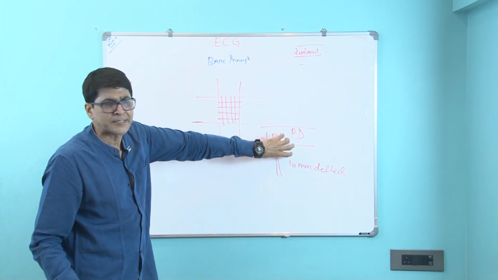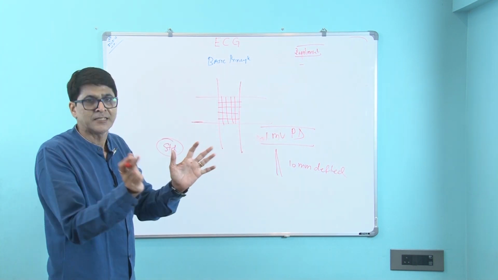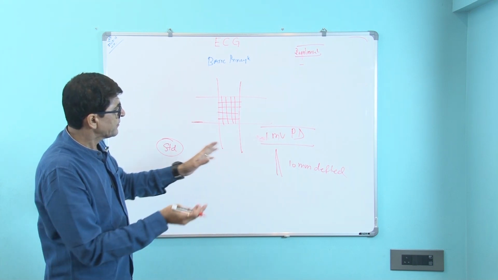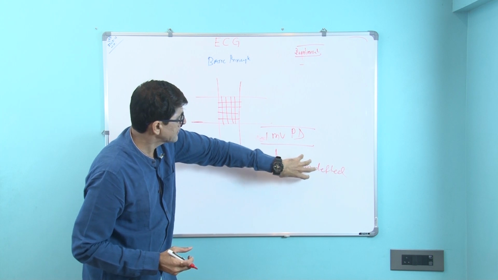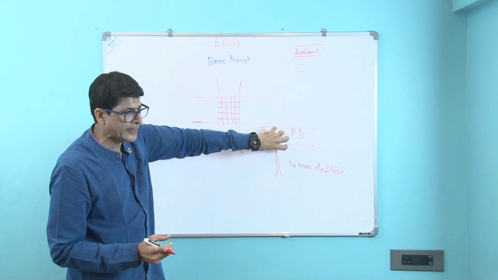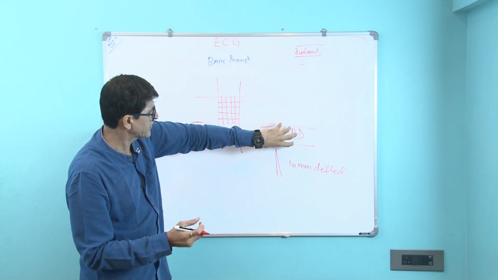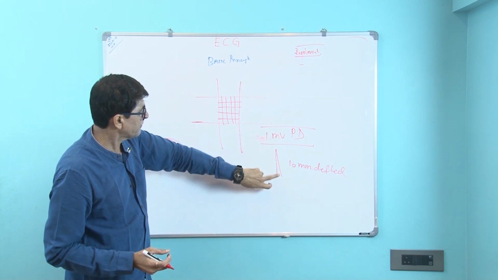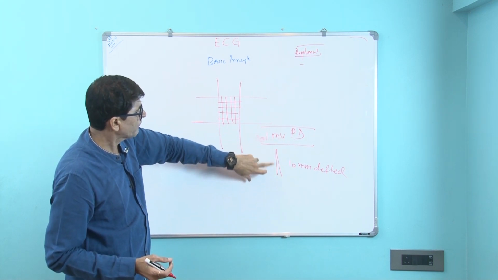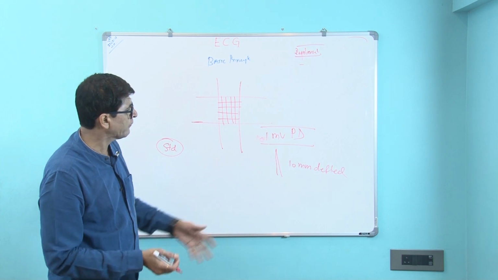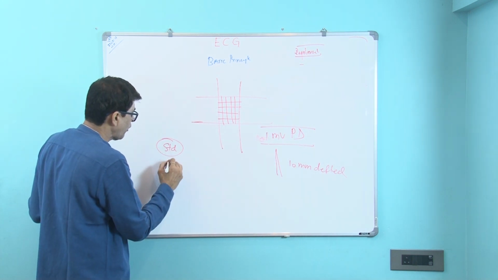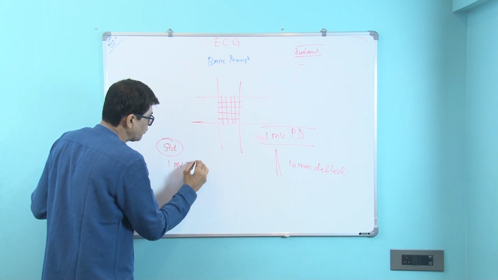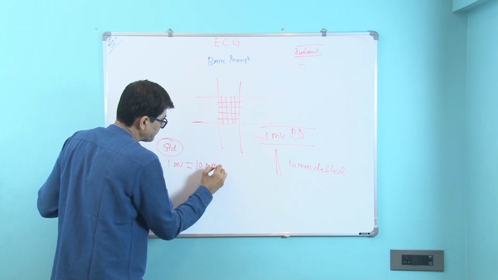This is the default setting, meaning the machine is made in such a way that when the potential difference between the two electrodes is 1 millivolt during action potential, the ECG pointer will move, whether positive or negative, 10 millimeter. That is what we call 1 millivolt equal to 10 millimeter.